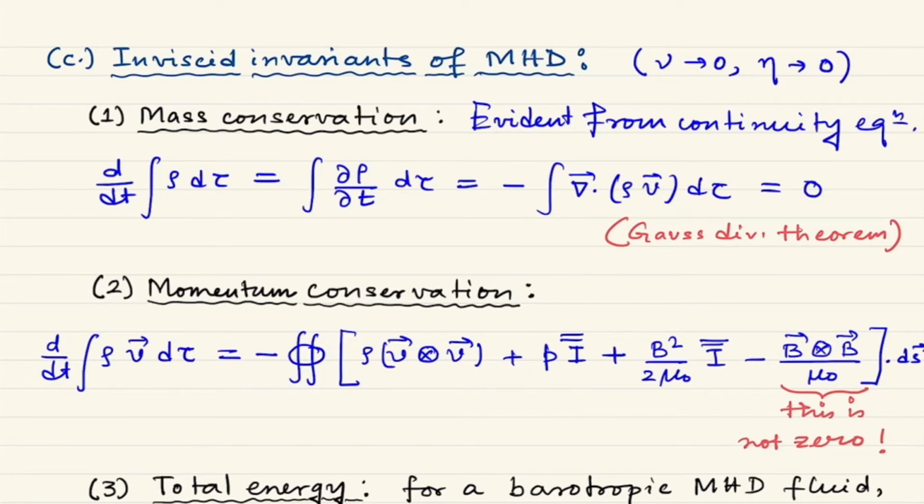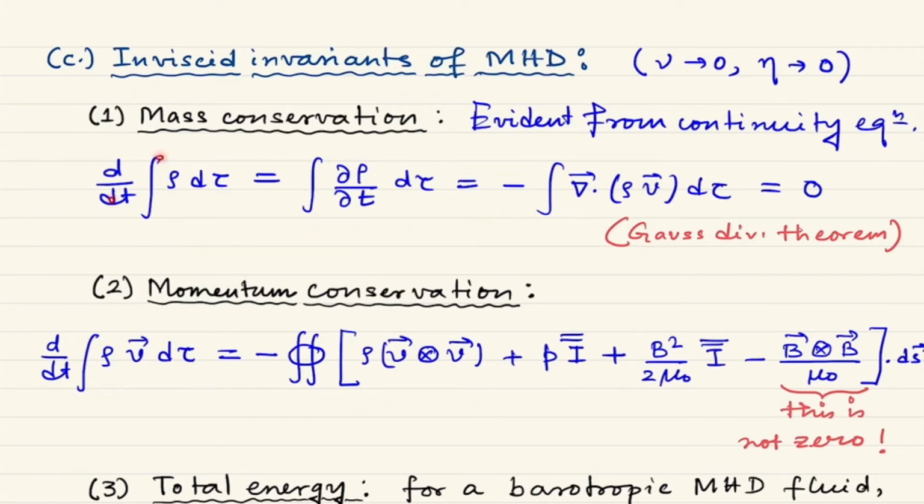The first one is, once again, the inviscid invariance of mass. This is evident from the basic continuity equation, which simply says that del rho del t plus divergence of rho times v is equal to 0.